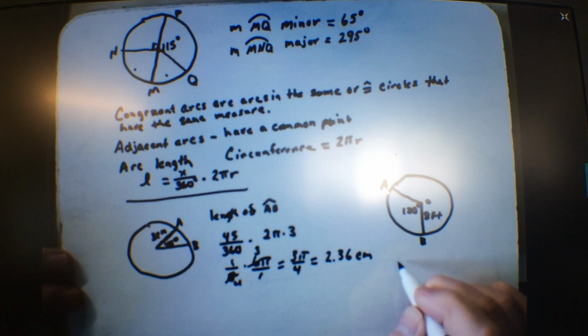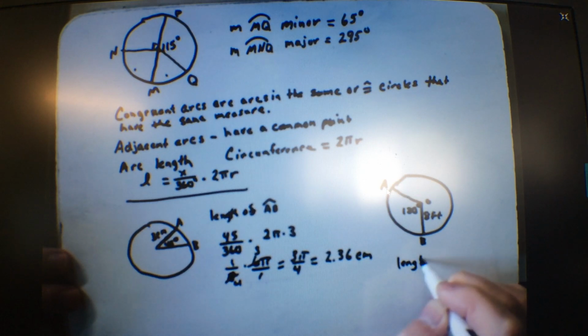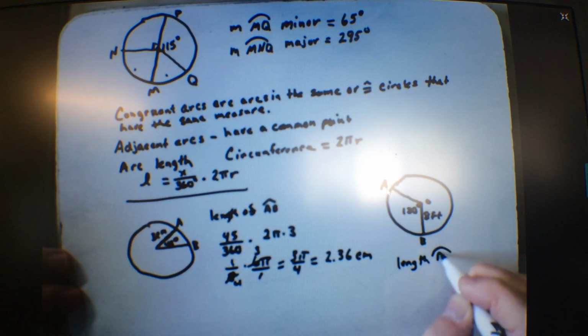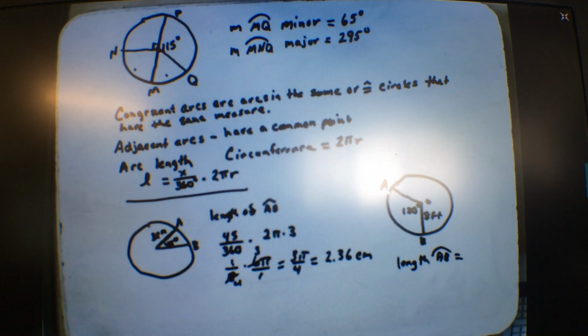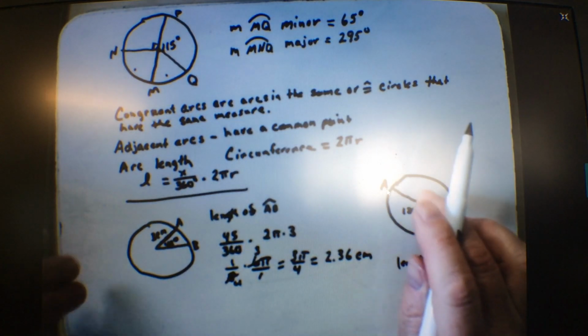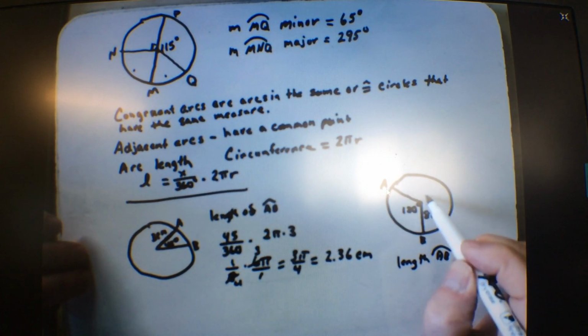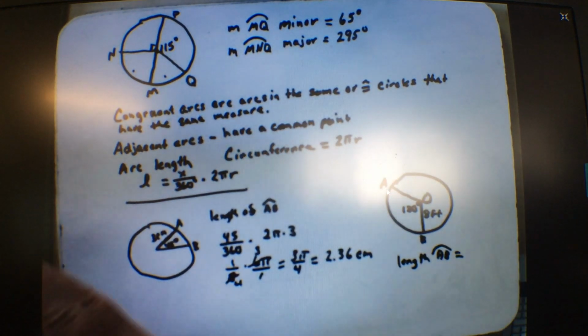Would you please tell me the length of arc AB, to the nearest hundredth? 120 degrees, 8 feet. That's not zero, that's the letter O.